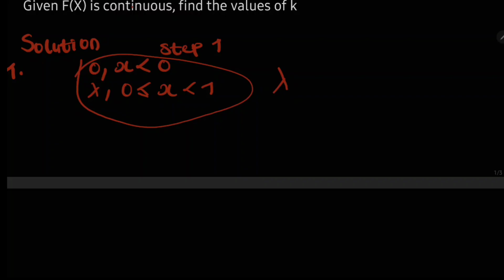So as I earlier said, first you need to look for your point of continuity. As you can see, here we have x less than 0 and here x continues with x greater than or equal to 0 and x less than 1. So we can see that 0 is our point of continuity.